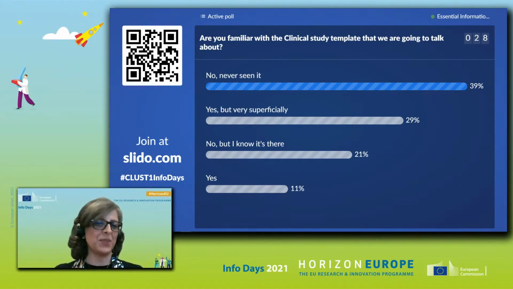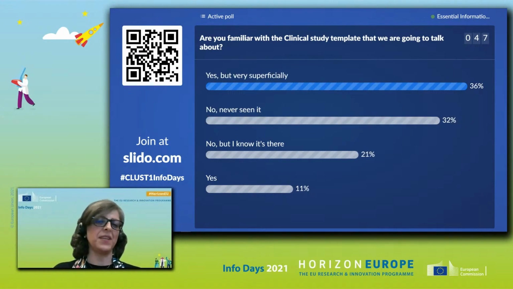This template has been developed in a transversal way. A lot of colleagues have contributed. We have taken advantage of what we have learned during the use of this template in Horizon 2020, where it's been already used extensively. We have made a better version of it, looking at the experience that we have gathered with the previous program.